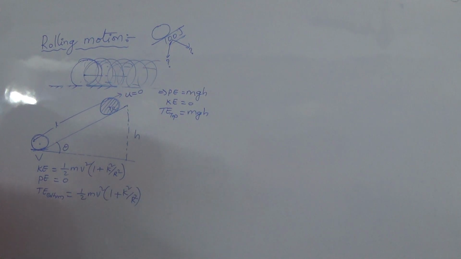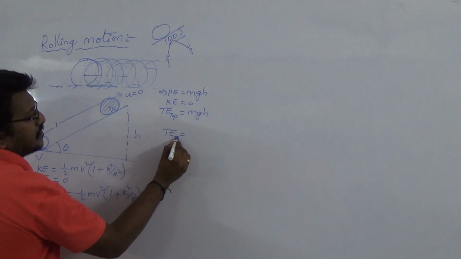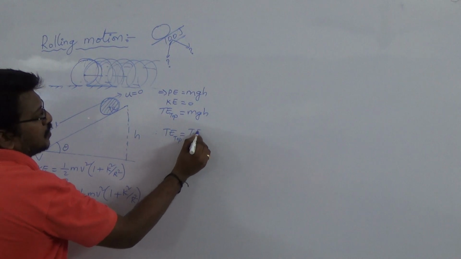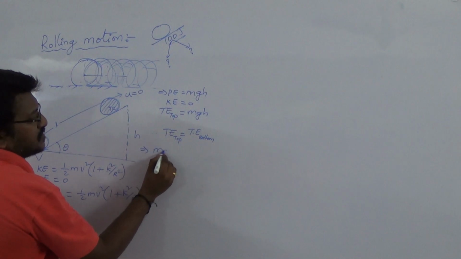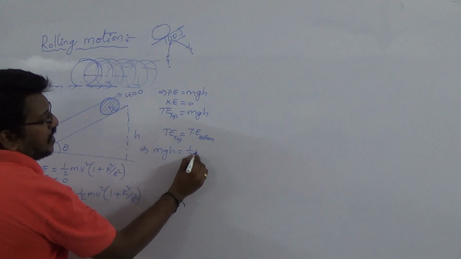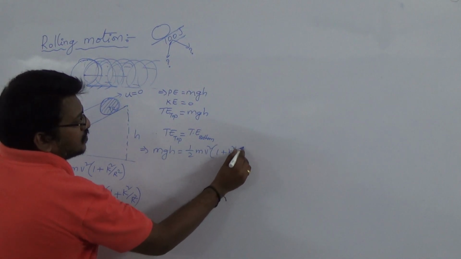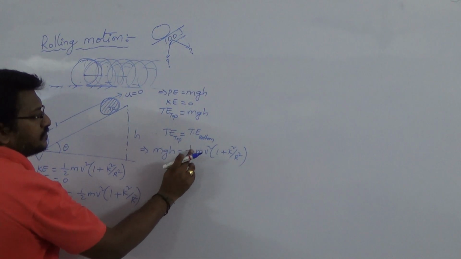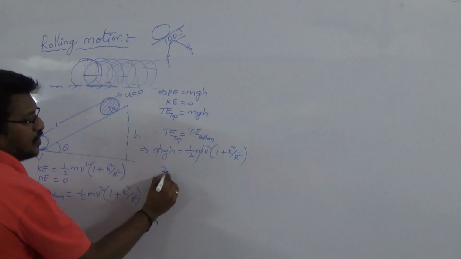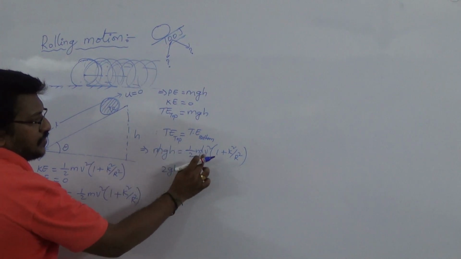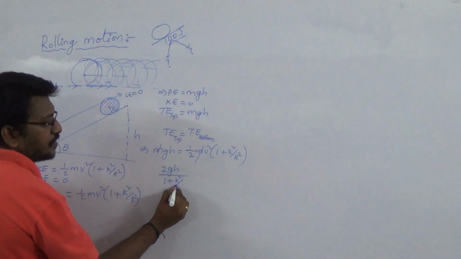By the law of conservation of energy, the total energy at the top of the inclined plane is equal to the total energy at the bottom. So we can write mgh equals half mv square times (1 plus k square by r square). Here m gets cancelled, so we get v square equal to 2gh divided by (1 plus k square by r square).